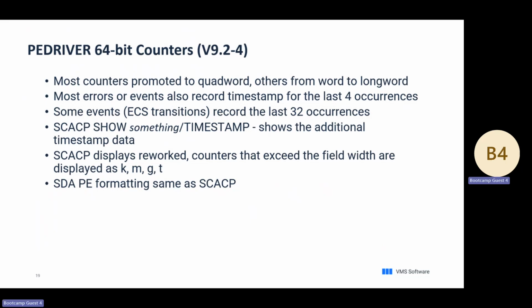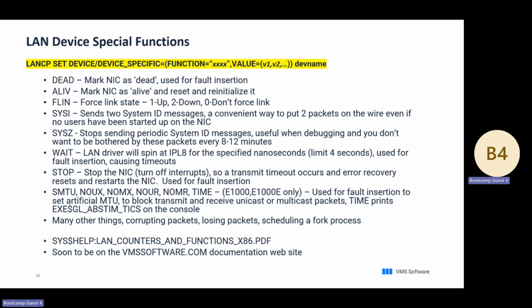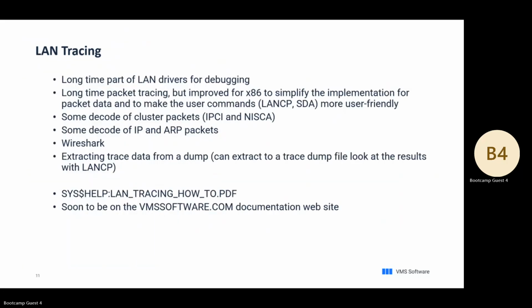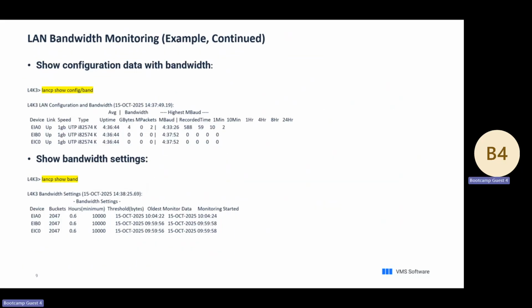So I'm just going to go into the PE driver, one of these commands here, the show commands. LANCP show something. Just an example right here. Show bandwidth just lists all the bandwidth settings for all the devices.